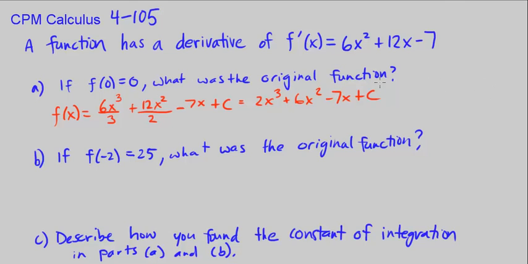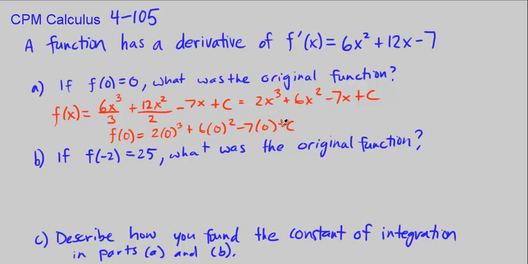Well, the original function has some constant, so this is not the function, it is almost the function because we don't know what c is. But since we're given f of 0 equals 0, we can use this information to solve for c. If we plug in, f of 0 is 2 times 0 cubed plus 6 times 0 squared minus 7 times 0 plus c.